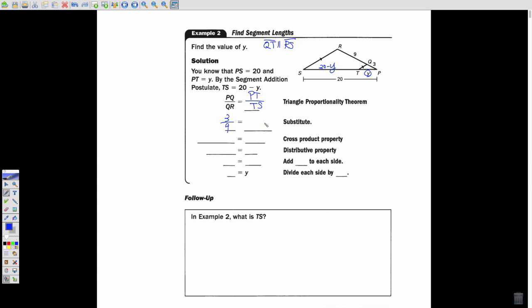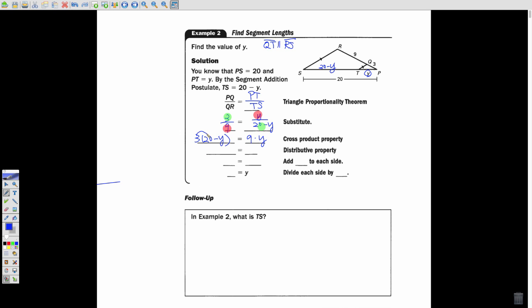That's 3 over 9 should equal y over 20 minus y. Now we do our cross multiplication. So it's 3 times 20 minus y, which is these two, and then we cross multiply the red ones, so it's 9 times y.